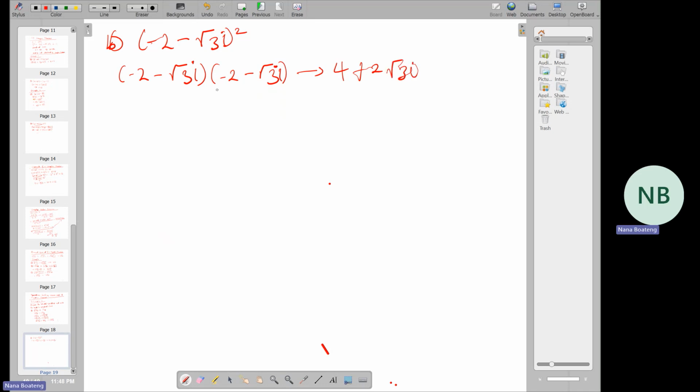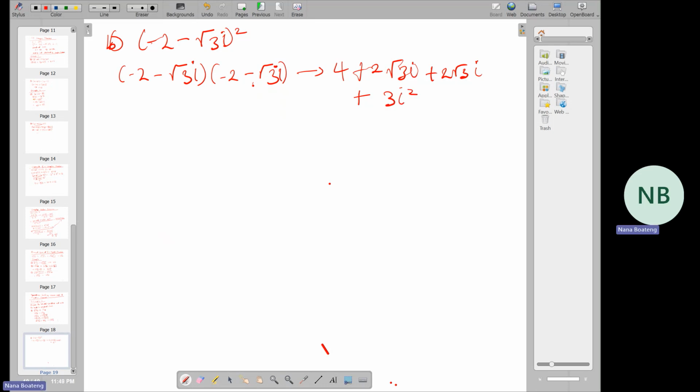Negative square root of 3i times negative 2 becomes positive 2 square root of 3i, and negative square root of 3i times negative square root of 3i becomes positive 3i squared.